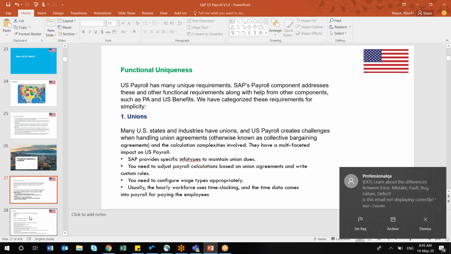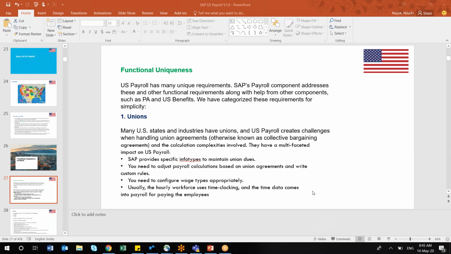Now, if you were doing an implementation of payroll for the US, you have to take into consideration that there are different union groups, union locals within the same union. And now you have to work out how you use your schema or your PCR to define and distinguish between them.